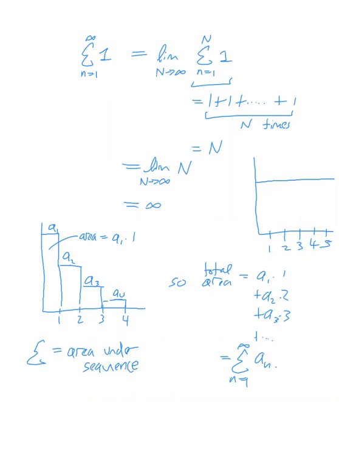Anyways, how about we consider another example of a series? That one was divergent. Another example, you could consider this series where an equals 0 for n larger than 10, for example.